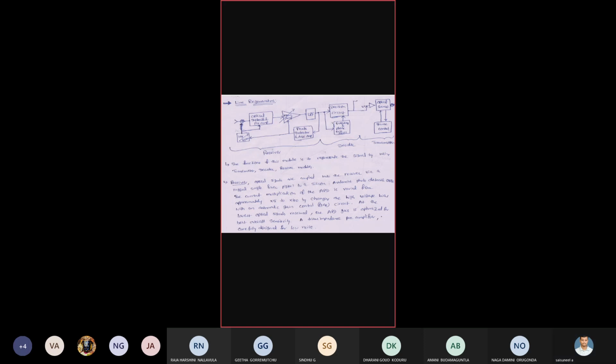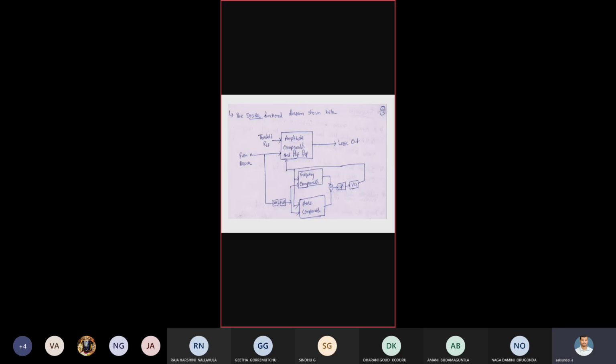Here, see how the decision circuit, called the decider, exactly works. This figure contains an amplitude comparator.